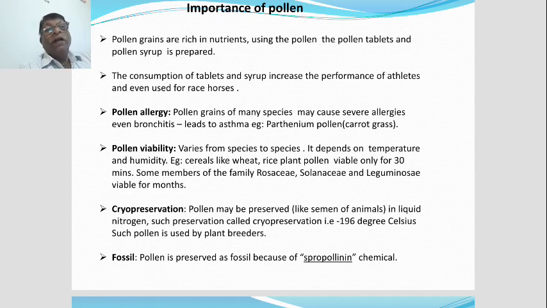That's all, cryopreservation. Now, another important point, fossil. See, pollen is so delicate, but it is preserved as fossil. You can't imagine. The pollen is preserved because of the presence of a chemical called sporopollenin.